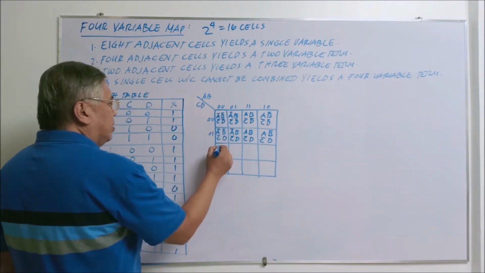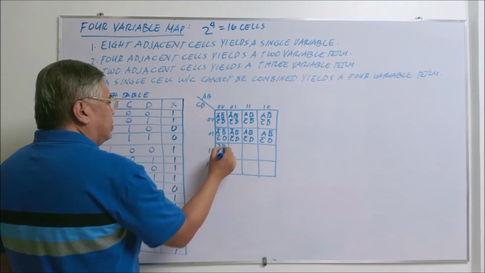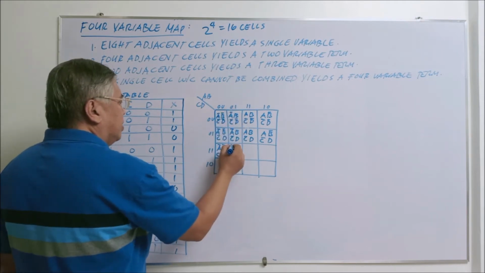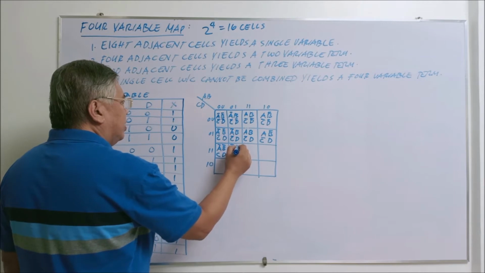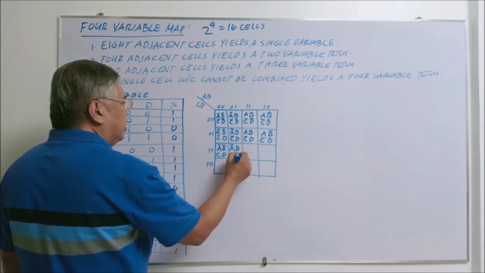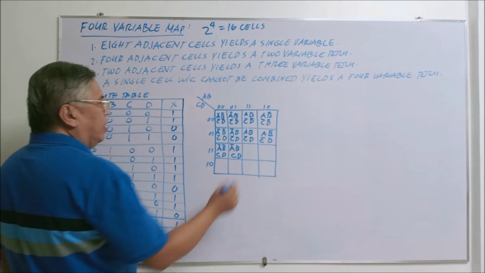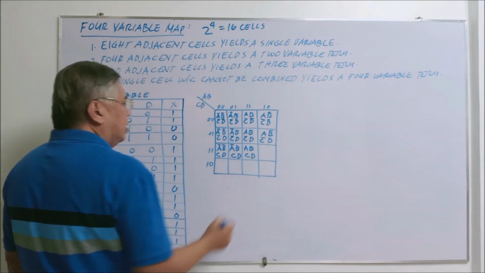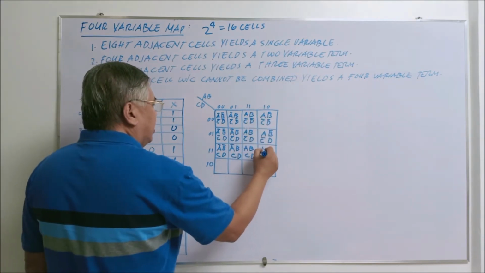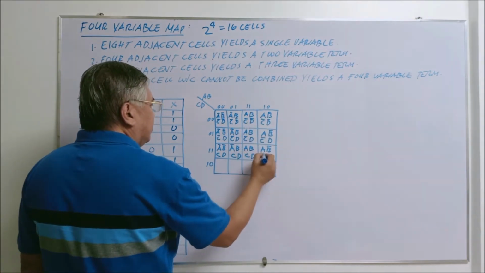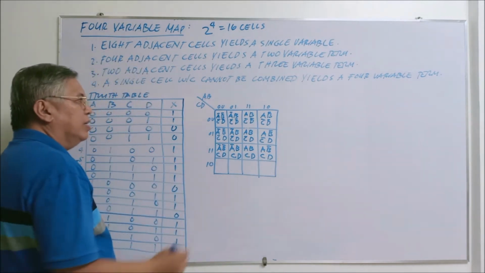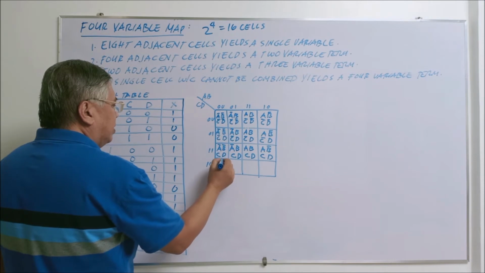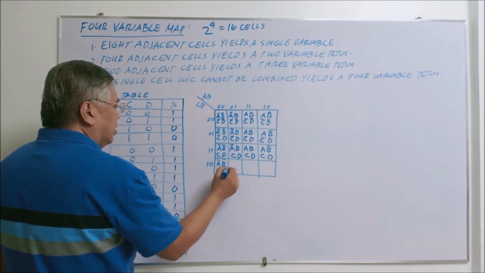And then you have A bar, B bar, C, D. Then A bar, B, C, D. Then A, B, C, D. Then A, B bar, C, D. And then here you have A bar, B bar, C, D bar.